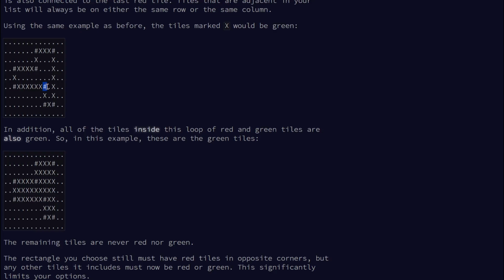Because you could imagine this line kind of spiking up into here, going over and coming back down, while still not touching this perimeter at all, without leaving any red tiles in the perimeter. But there would have to be a green tile in the way, I guess.